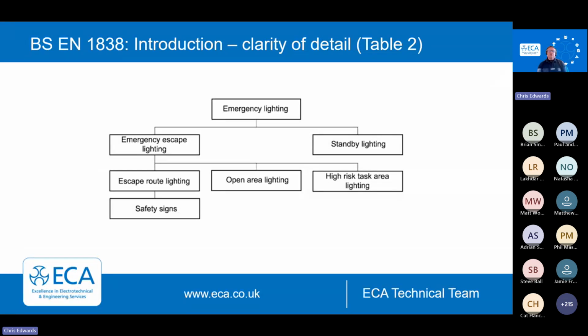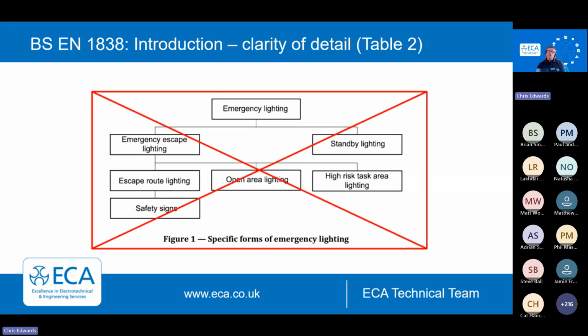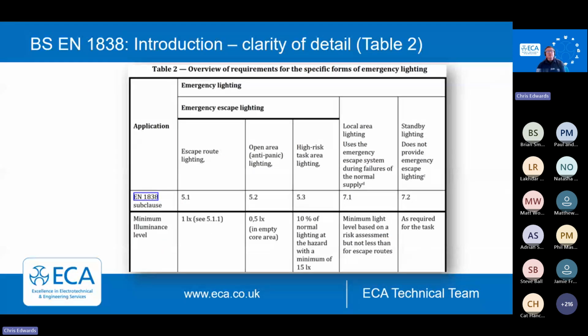This was the old table 2 in the old version of 1838, and it's just a very basic block diagram trying to give you an indication of where the elements of emergency lighting sit. That's been ripped out and replaced with this. Now, this straight away gives you much more detail. In line 1, you've got the same sort of information, but what I really like about this, we've got all the other detail about where you can find the information in the documents.